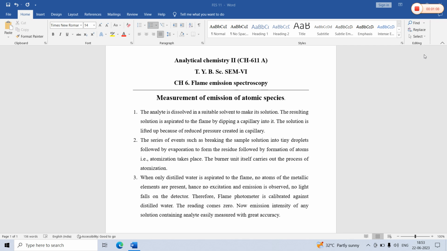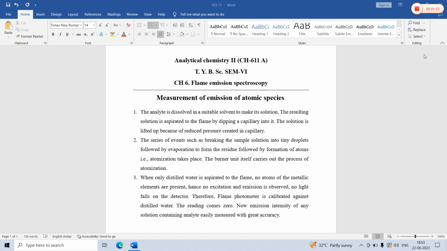The instrumentation consists of a mirror or reflector, a wavelength isolation system, diffraction grating or prism, a detector, that is a photomultiplier tube, and finally a readout system. This is all about the theory associated with the flame emission spectroscopy chapter.